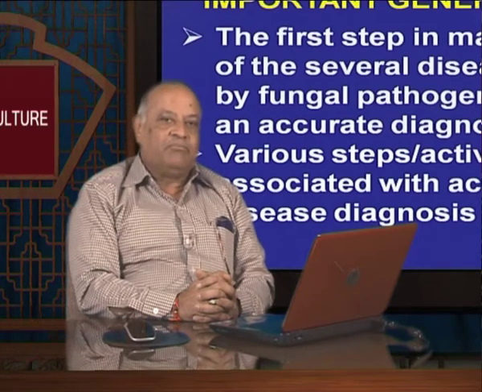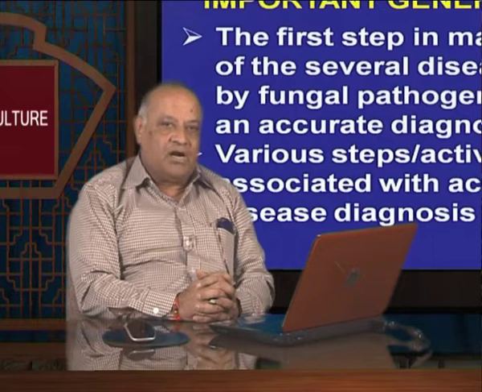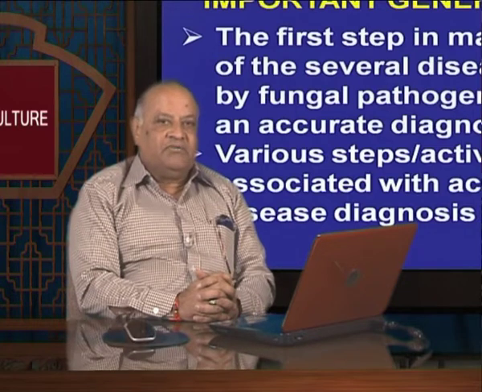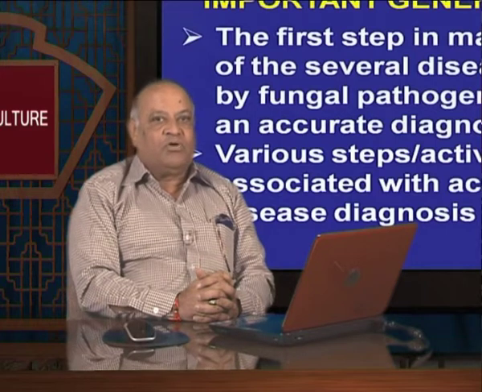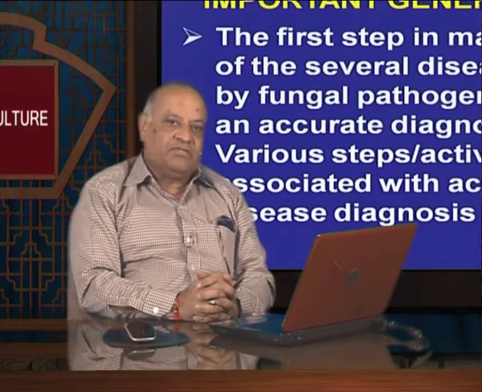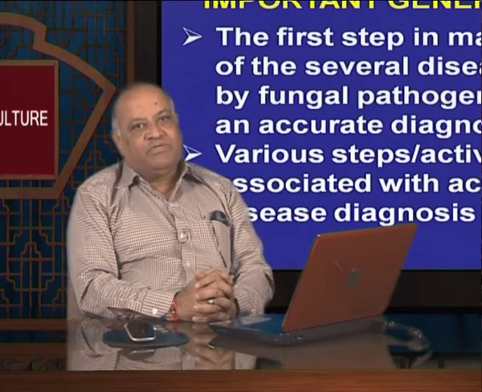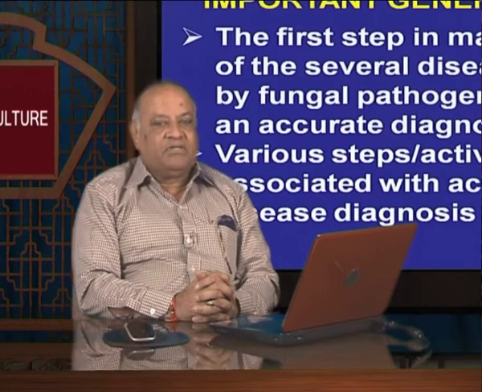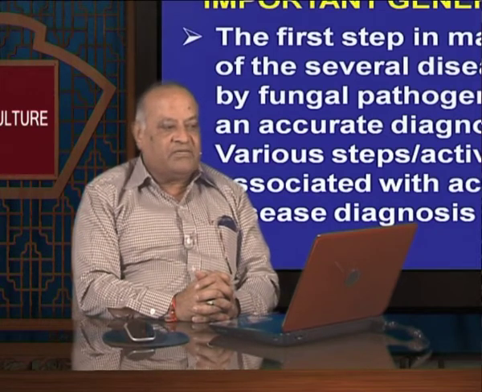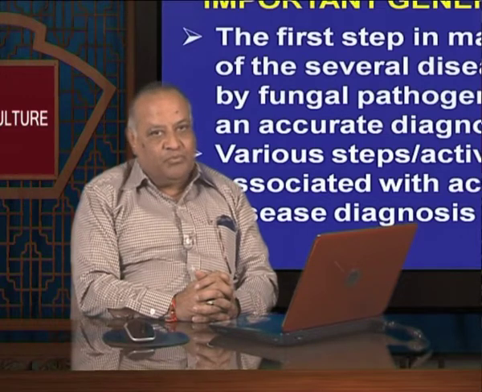Similarly, in plant systems, when we see a diseased plant, it is very necessary to find out what type of pathogen is infecting the plant, and what type of disease is affecting the plant health. Therefore, diagnostic characters of fungi are very important to know.